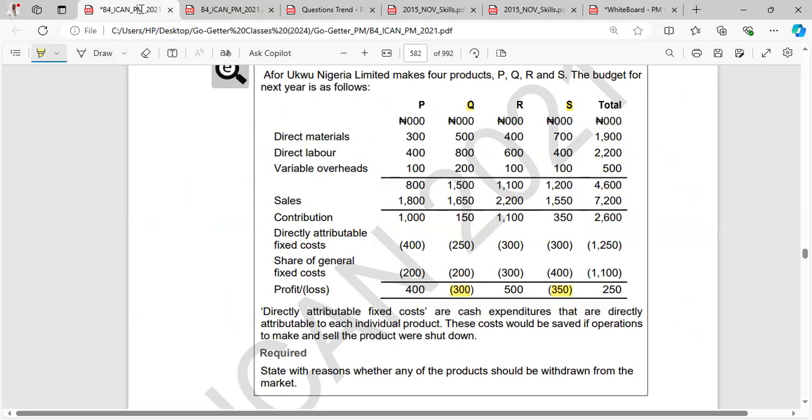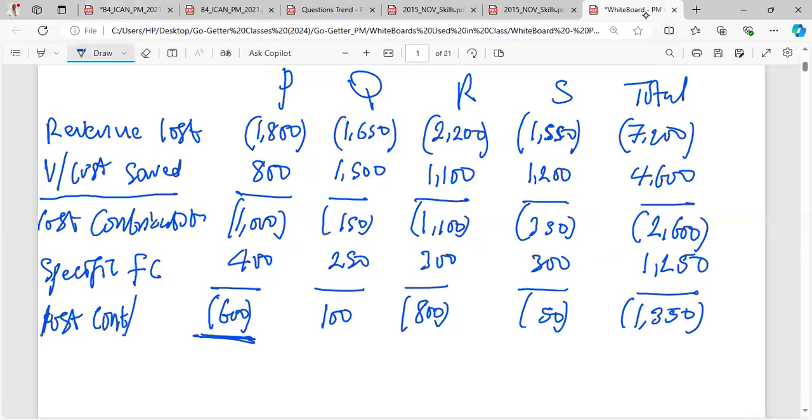Of course, you will not be attempting to shut down P, but what you should know is this: all of them make positive contribution. But when you check, like we did here, the specific fixed cost of Q, that is the relevant fixed cost, is higher than the relevant contribution.